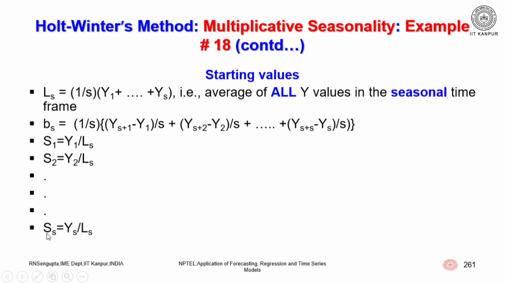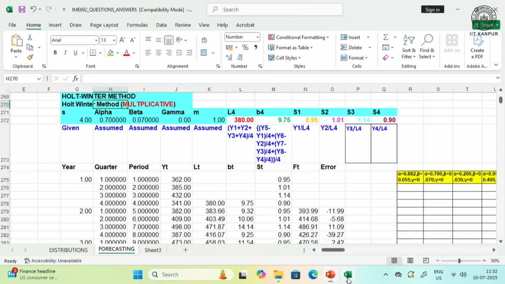S1 to SS, that means however many seasons you have, you will find y1 divided by L_s. L_s you have already calculated, and we have done that in detail when we did the additive model. So, I will now come to the Excel sheet.